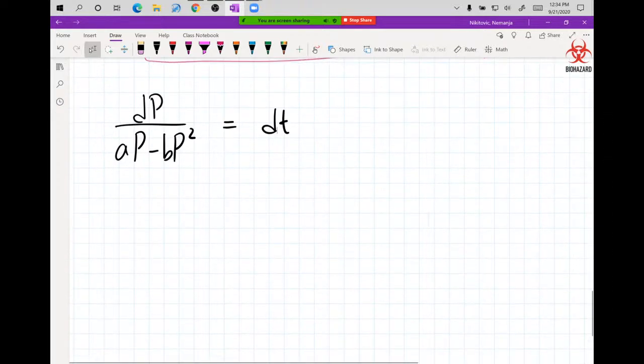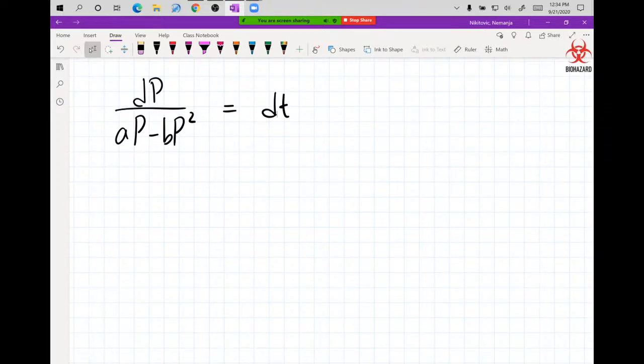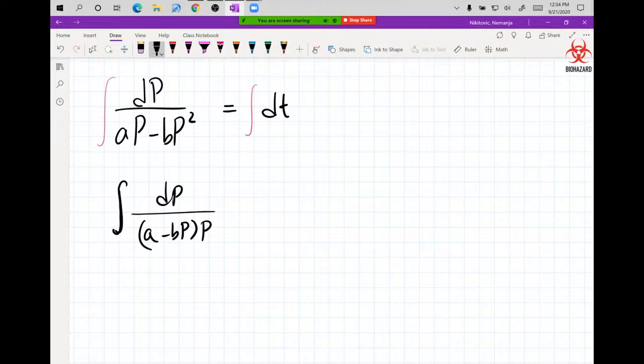So the way this is solved is we separate the variables as I did, and then we integrate both sides, and we use partial fraction decomposition on the left, and just a basic integration on the right. So over here we have dp divided by, and I said that negative, right? We'll kick a negative out. a minus bp times p equals the integral dt.